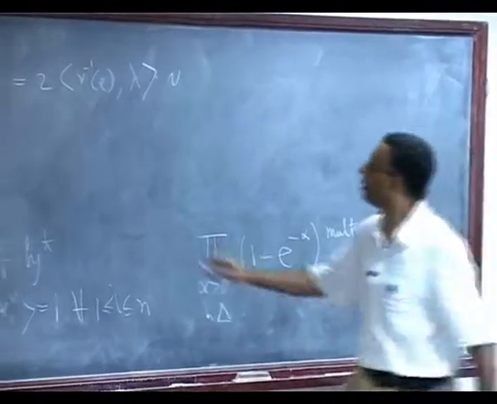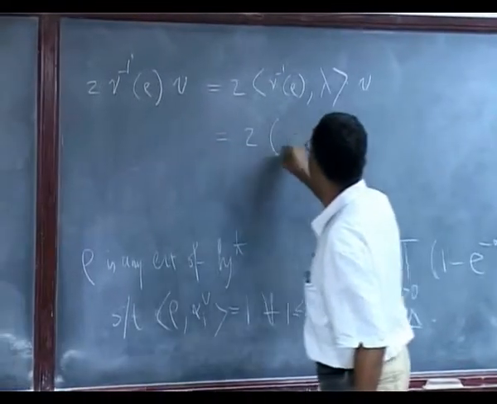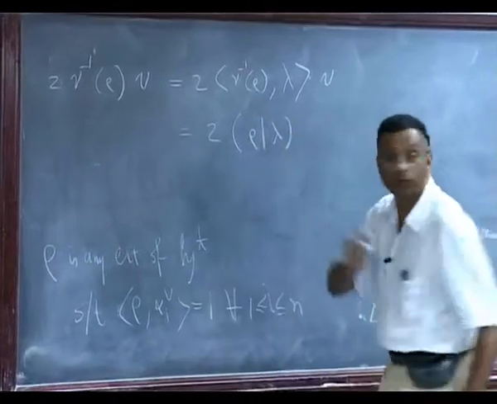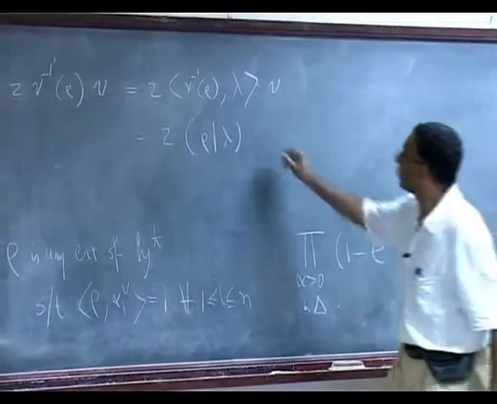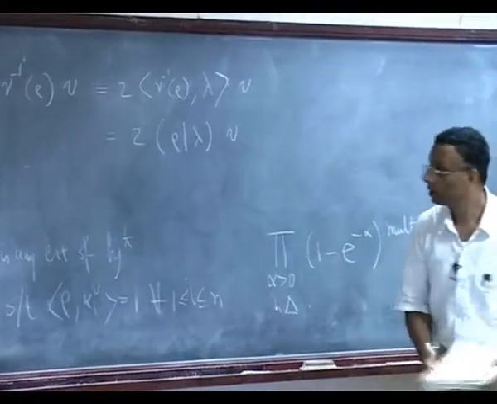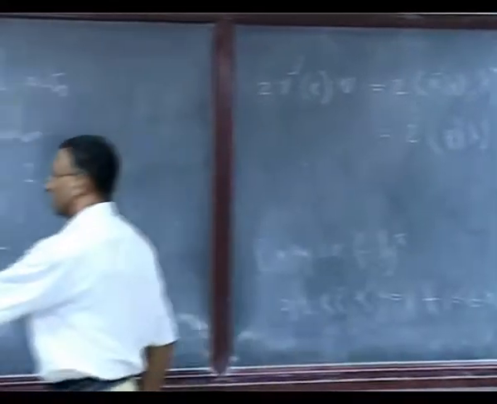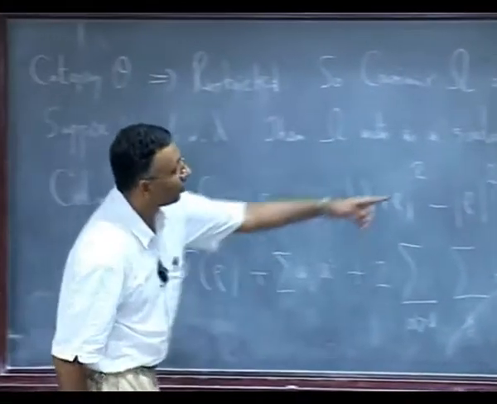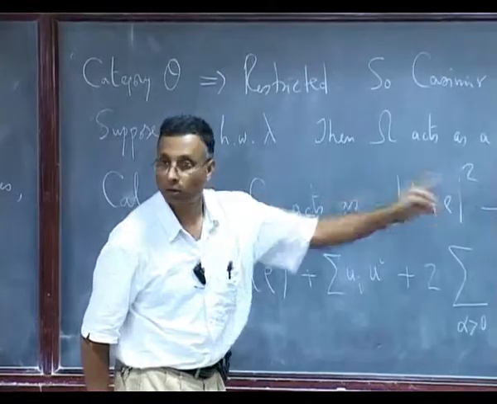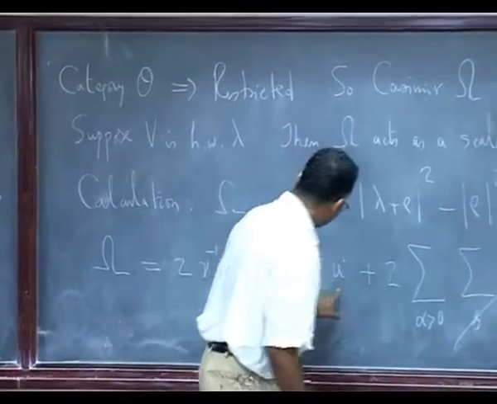But what does this mean? This is the definition of nu inverse of V. So this acts as 2 lambda rho. Okay. Now, what does this act as?